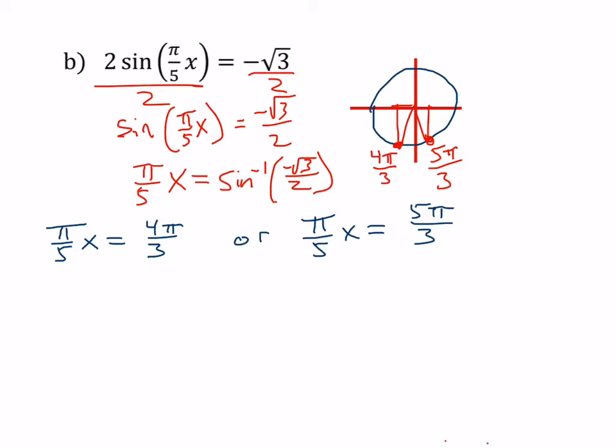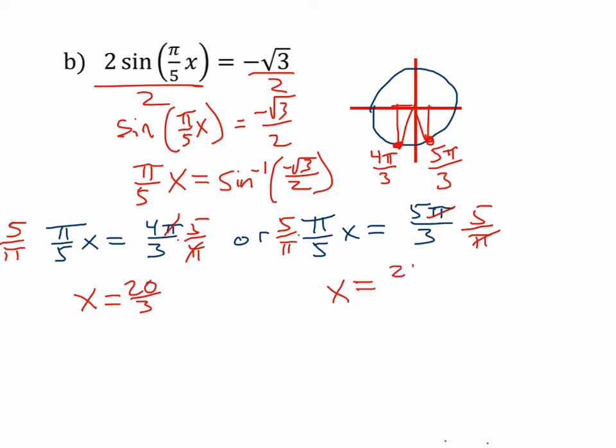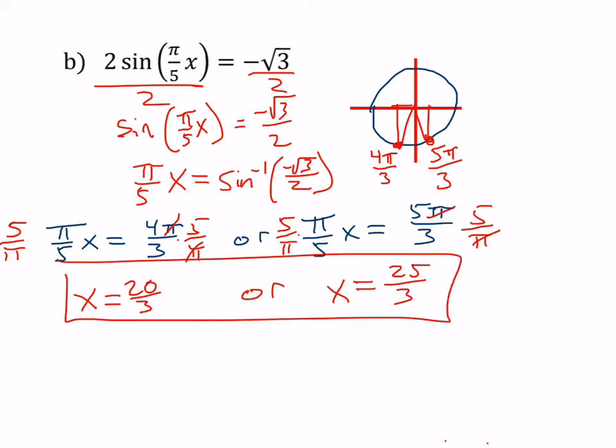So if we multiply both sides by 5 over pi, because I want to get x all by itself, we'll get our answer. This becomes x. The pi's cancel. We end up with x equals 20/3. Here, multiply by 5 over pi on both sides. Pi's cancel. And we end up with x equals 25/3. Two answers. There they are.